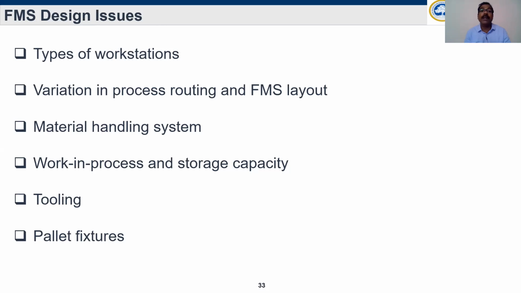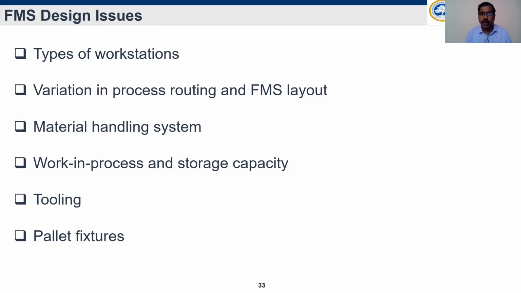Then what kind of material handling system are we going to use? Whether we are going to use conveyors, pallet types, or unit load types. We will discuss the material handling system in more detail in our upcoming videos, but these are basic things we have to consider. Whether we are going to use any robots or trucks.